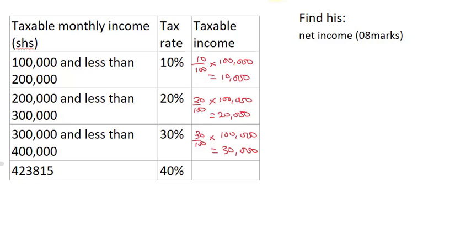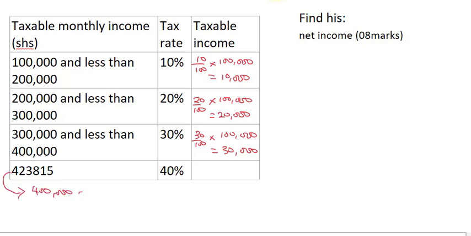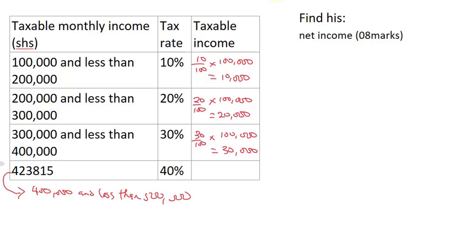Now, if you recall, his taxable income that we got is actually 423,815. So this level belongs to 400,000 and less than 500,000. So here we will need to do 423,815 subtract 400,000, because his taxable income is actually 423,815.